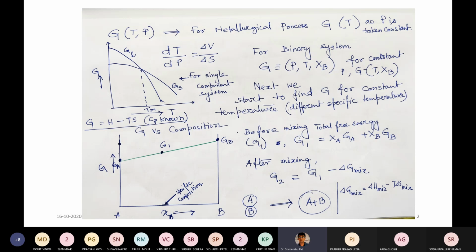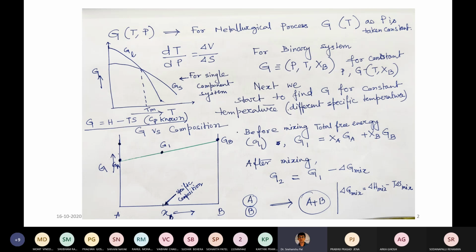If you consider the Clapeyron equation, dT/dP, the melting point is going to vary if there is a change in pressure. So in which system is this not going to happen? If delta V equals 0, then whatever the scenario, if you change the pressure, the melting point is not going to vary.